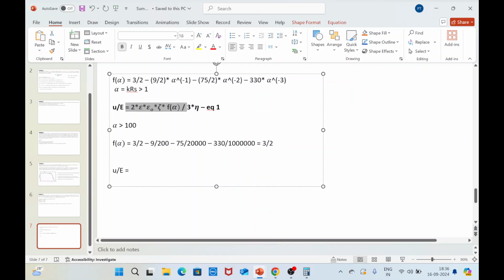Let me substitute and show, then it will be much clearer. So now I am substituting alpha value as 3 by 2.